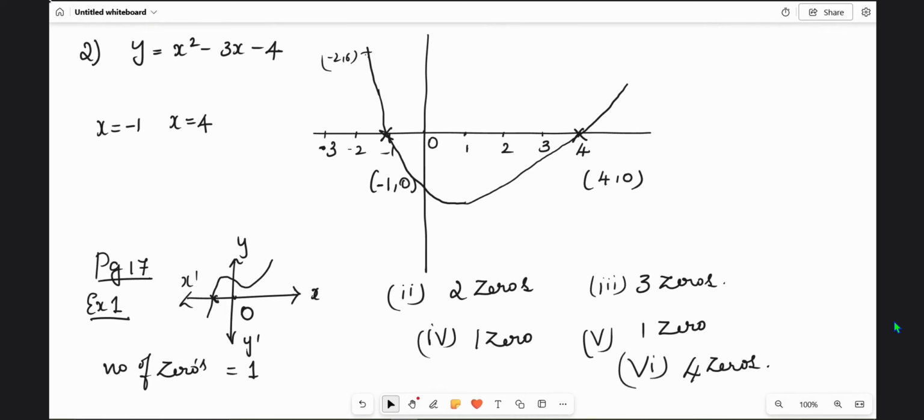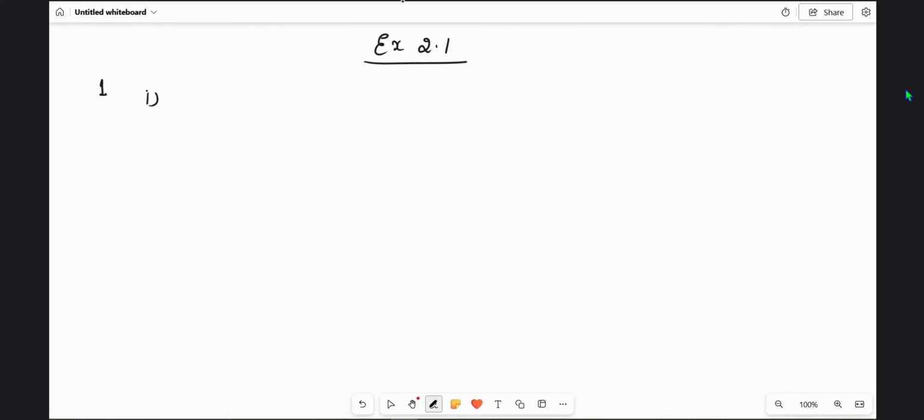So understood, no? Write down this and start with exercise 2.1. These questions will come as MCQs, 1 mark questions. Question: how many zeros are there? 0, so you don't have any zeros there. Second one, 1 zero.